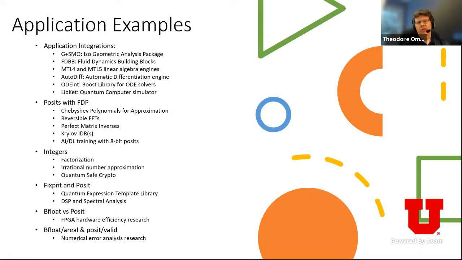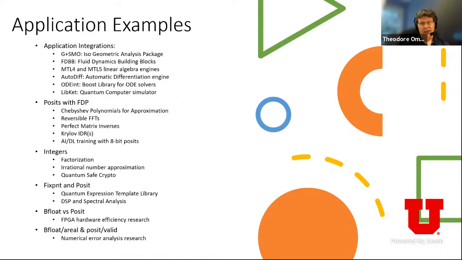The application examples where the universal library is the arithmetic layer is we have an isogeometric engine in Gizmo. We have some CFD codes, the fluid dynamics building blocks. We have MTL4 and 5 linear algebra engines. MTL5 is a proper tensor algebra engine. And then we are really starting to look at posits in particular with FDP in approximation and reproducible signal processing.